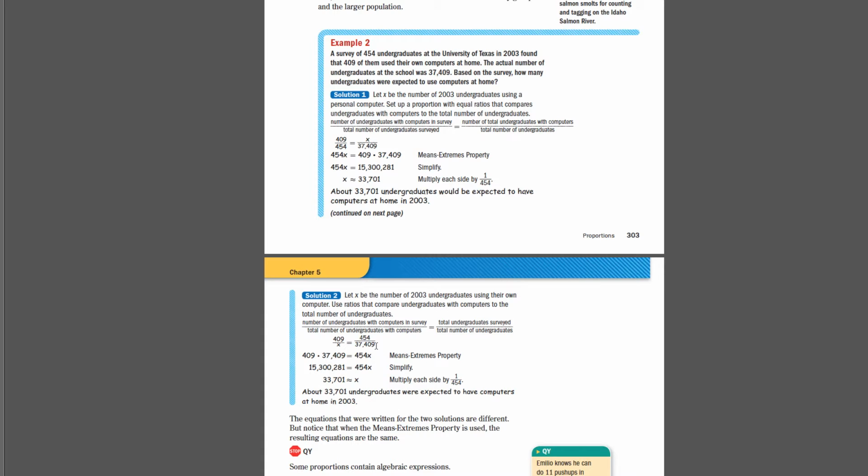The number of students in the survey with computers is to the total number with computers as the total number of students surveyed is to the total student population. We solve this, and we come up with a similar answer to the two that we got before.